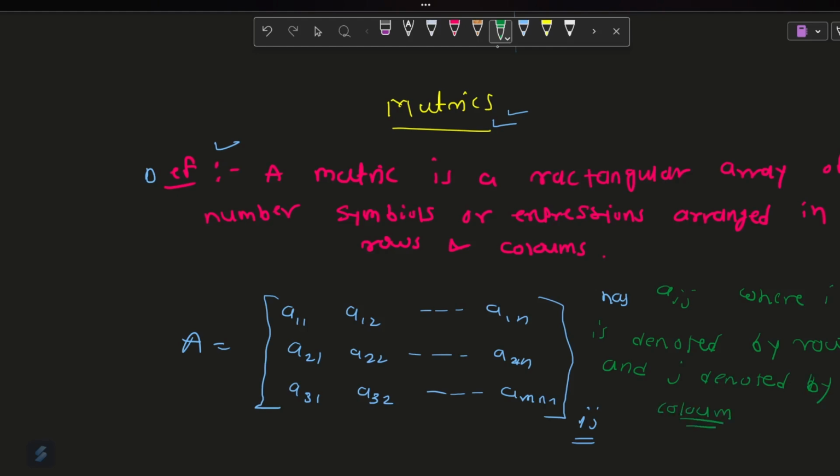That is the simple term. It means how many rows and how many columns there are, represented as i and j.